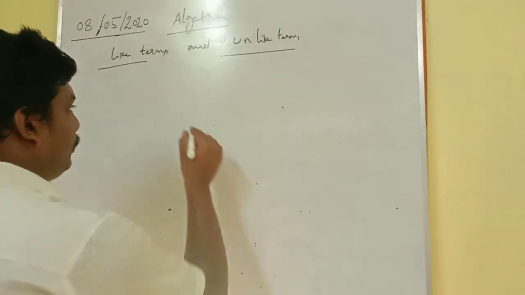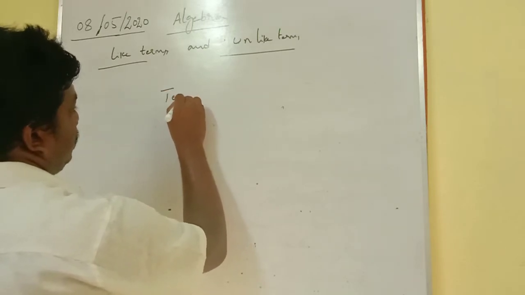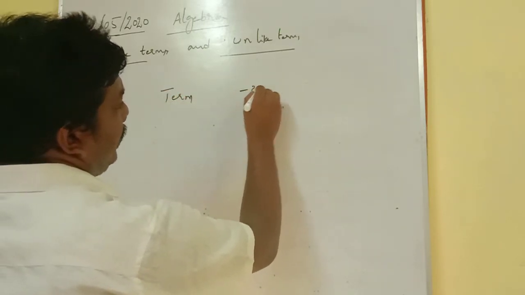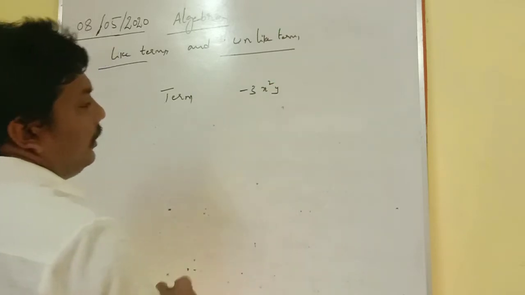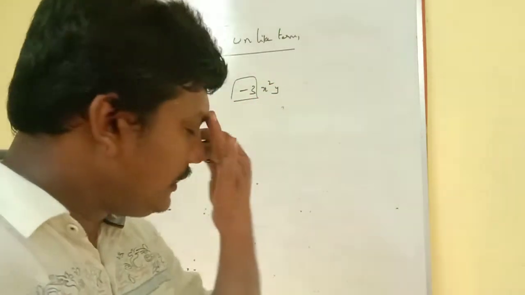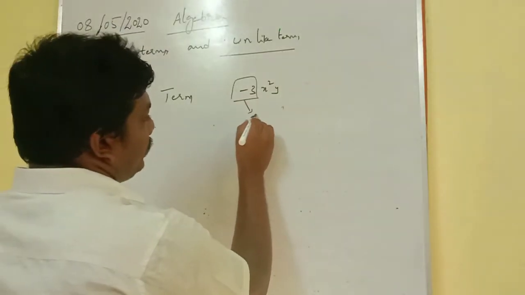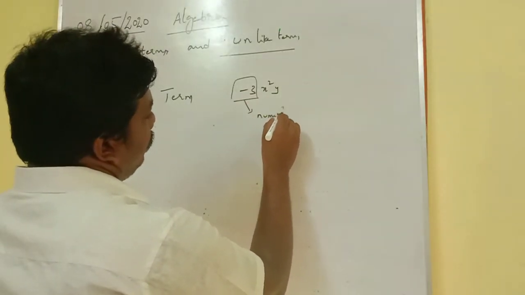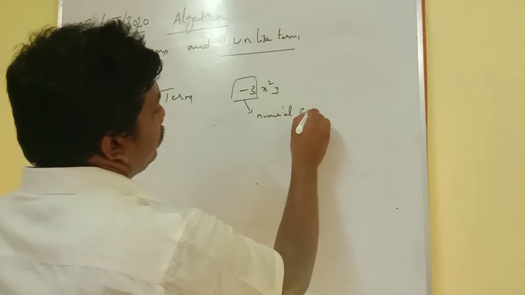Variable coefficients. Here suppose a term is minus 3x square y. Here minus 3 is called the numerical coefficient.